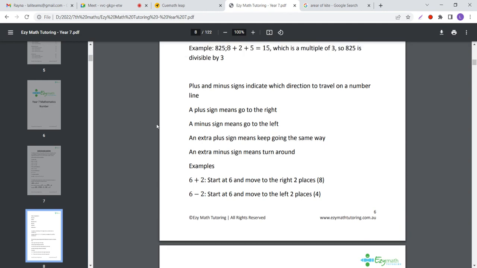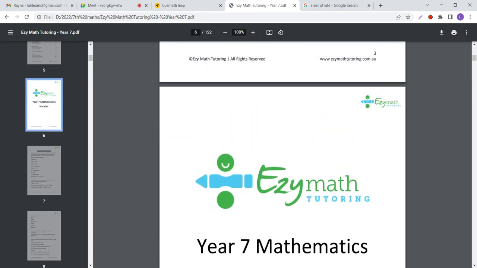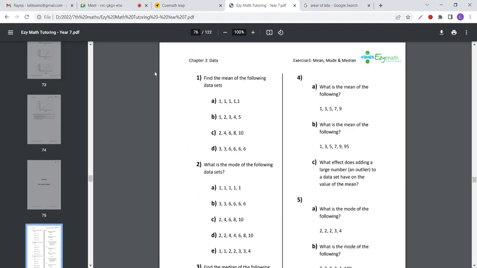Let me try and get questions from your textbook. Somehow I managed to download an Australian school curriculum textbook. So let's see.